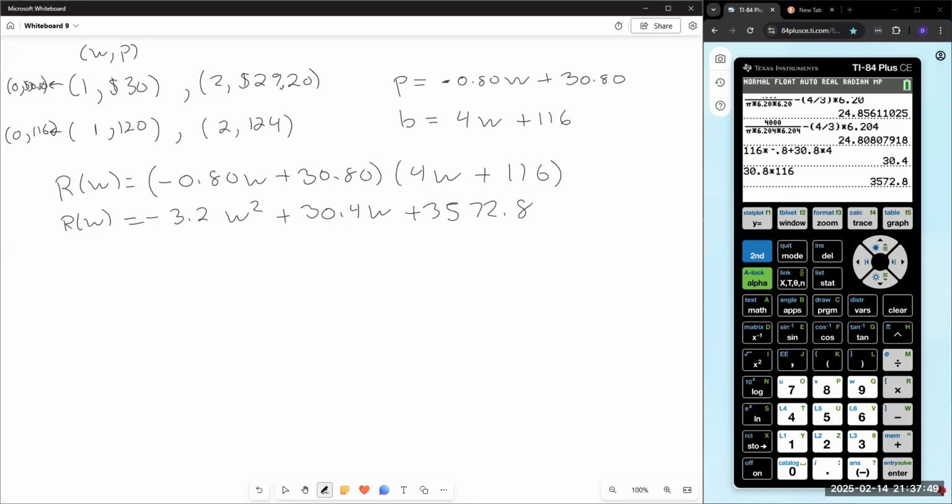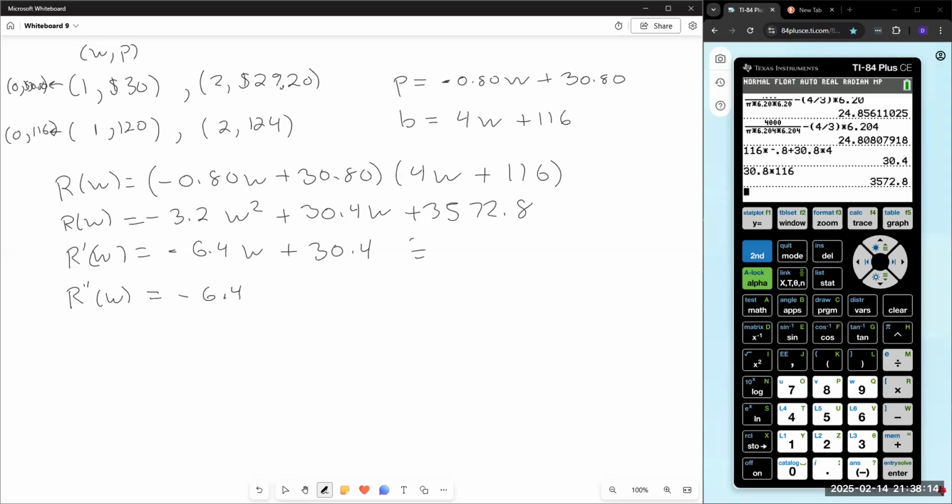So that means that R prime of W is equal to negative 6.4 W plus 30.4. And that means our second derivative, R double prime of W, is equal to negative 6.4, always negative. So whatever I get for this zero here is definitely going to be a maximum revenue.